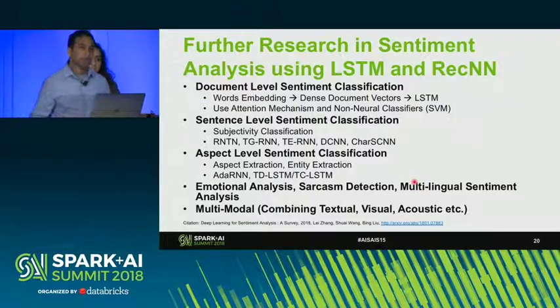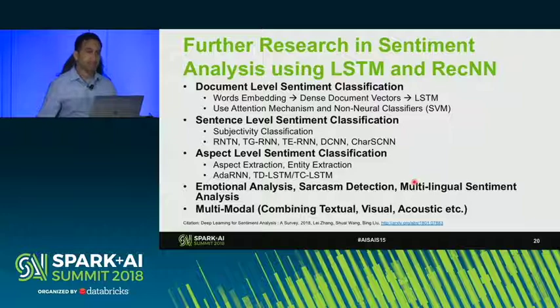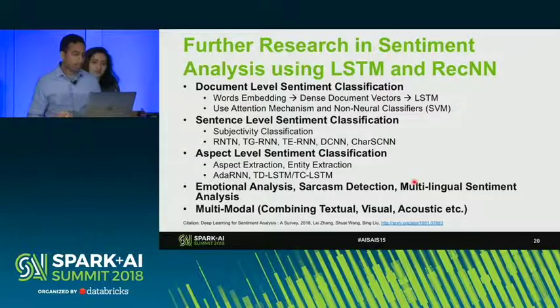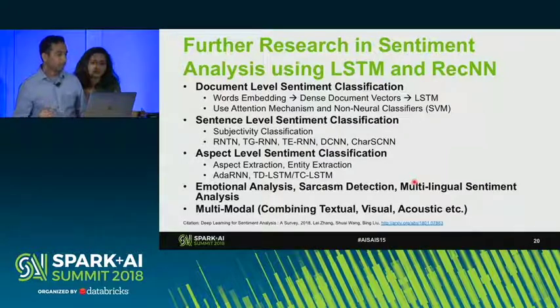All right. So further research in sentiment analysis is mostly happening around LSTM and recursive neural networks. The scientific community has subdivided the categories into document level, sentence level, and aspect level. Document level deals with documents which are themselves completely opinionated, like blogs or articles.